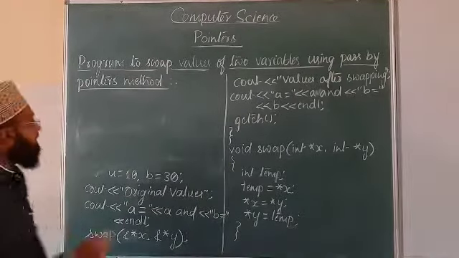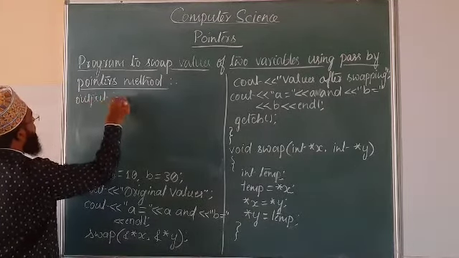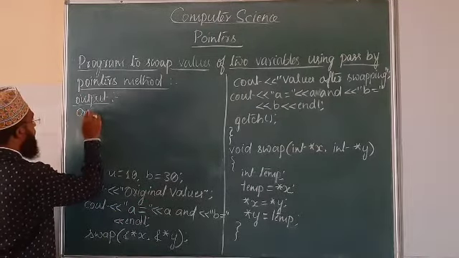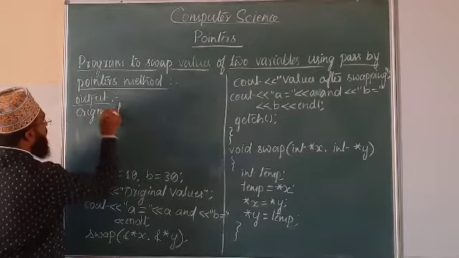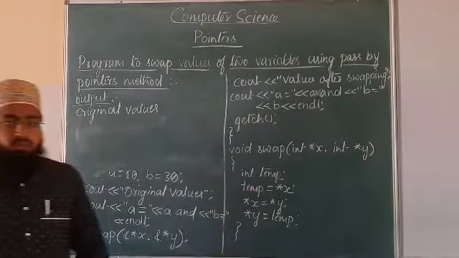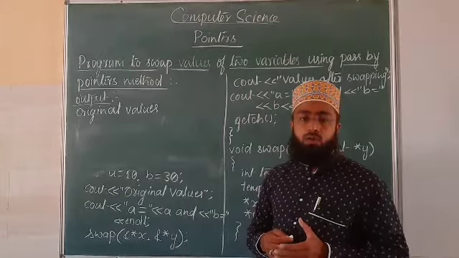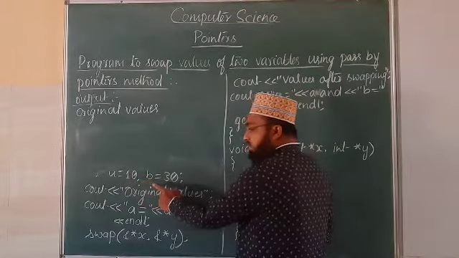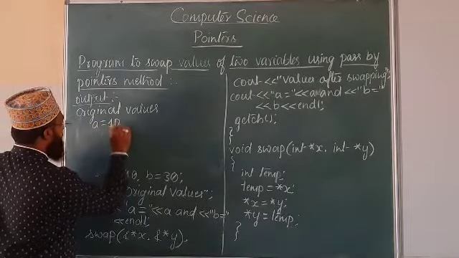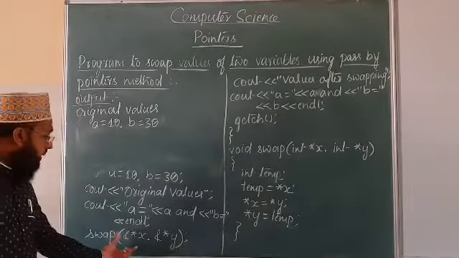Output will be like this. First, what we have read? Original values. What are the original values here? The values which we have given are called original values. A equals 10, B equals 30. Then swap.